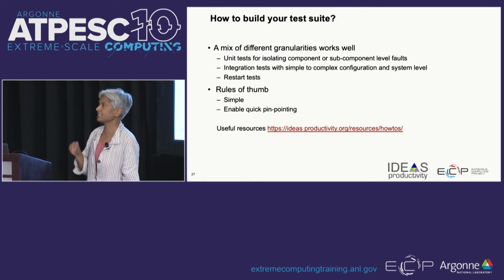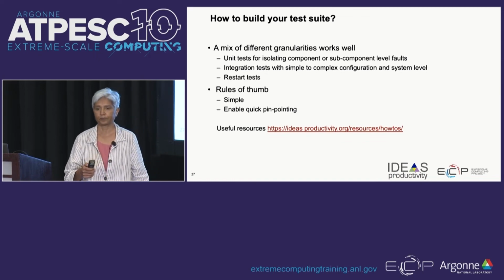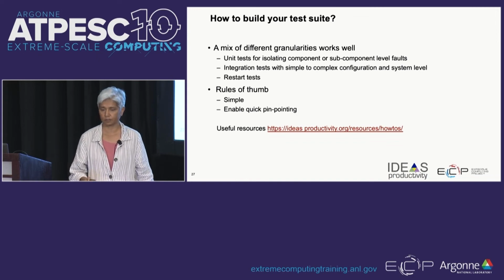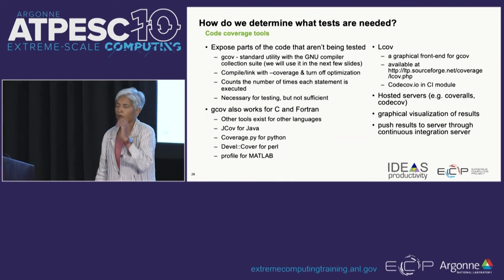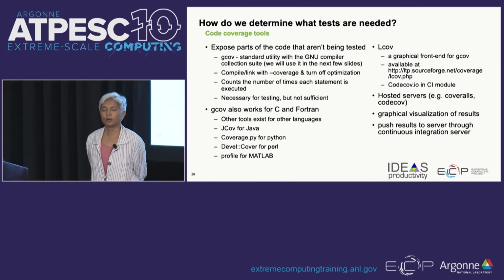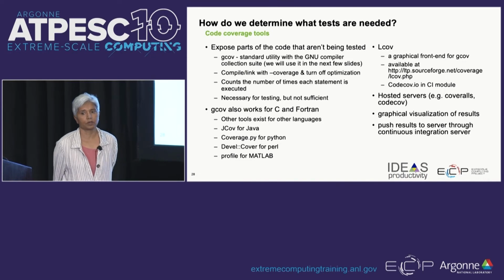So you need to test for that restart happening transparently on your code all the time. And as I said before, they need to be simple, and they should have quick pinpointing ability.